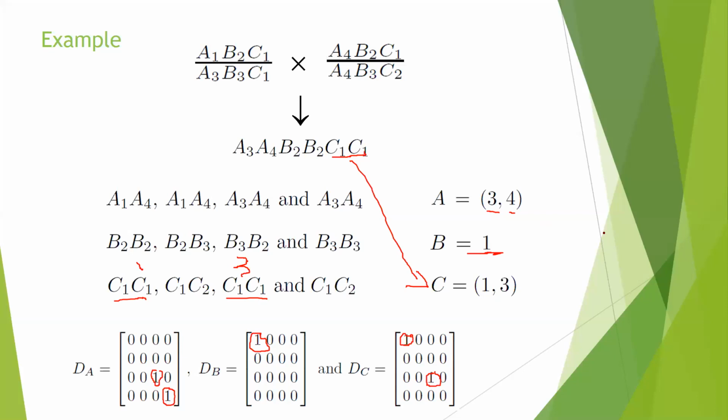Yes, but I would rather not use the word arbitrarily, because this is not arbitrary. Since we cannot tell the difference between 3 and 4, in the calculation we need to use this summation, k equals 3 to 4. So that's why we put 1 here and 1 here. This matrix shows that the possible genotype for A could be 3 and 4.